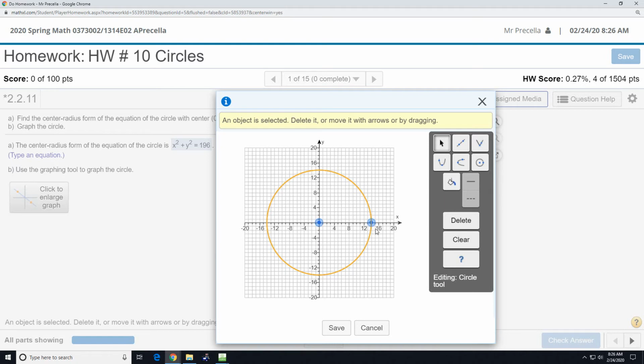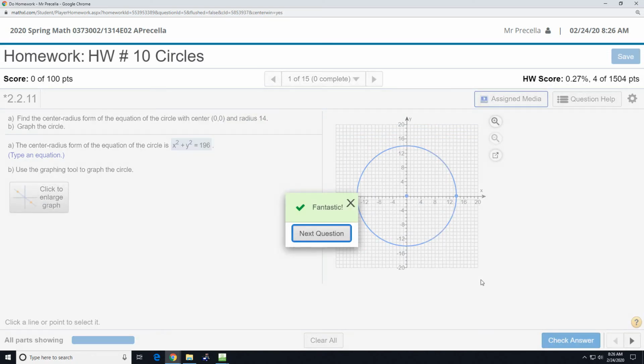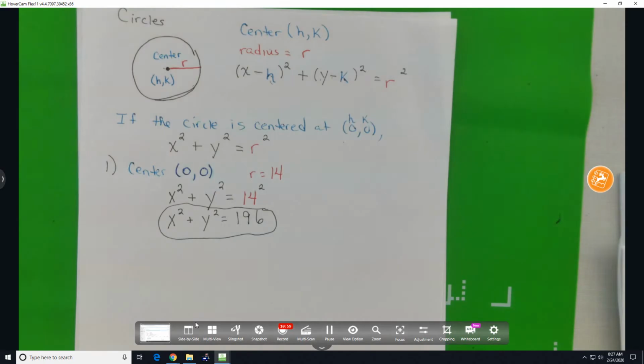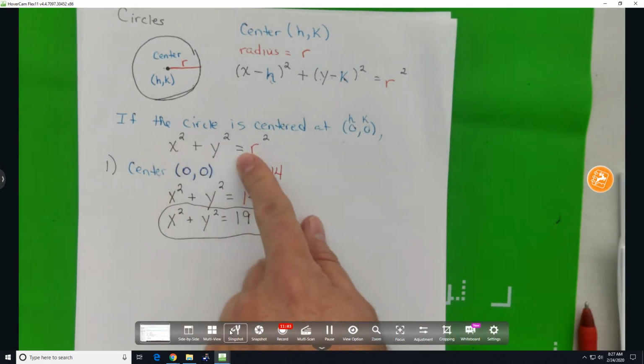Exactly what you would do if you had graph paper and an old-fashioned compass. Put the sharp point down at the origin, move over 14, spin it around. Here you don't have to spin it around. It does that for you. You say save before you can check your answer. Okay? So notice, if the circle is centered at 0, 0, you shouldn't have any parentheses in your answer.